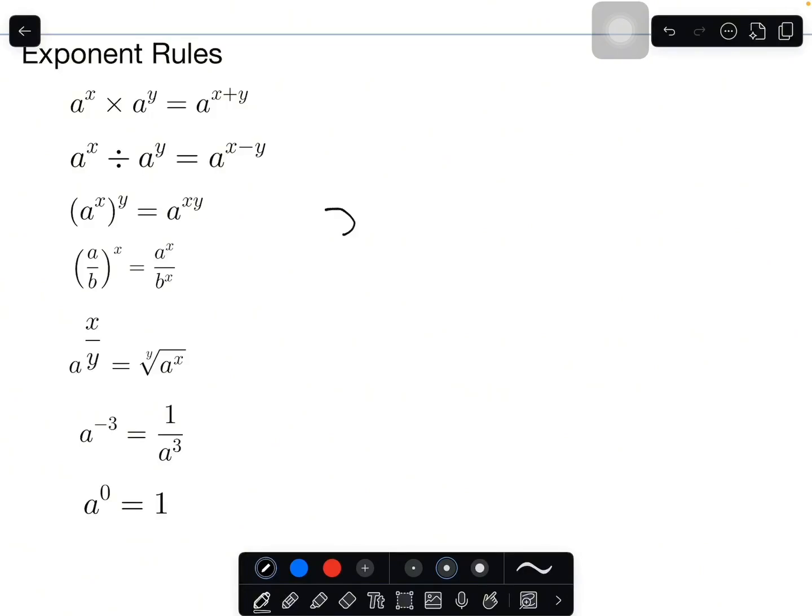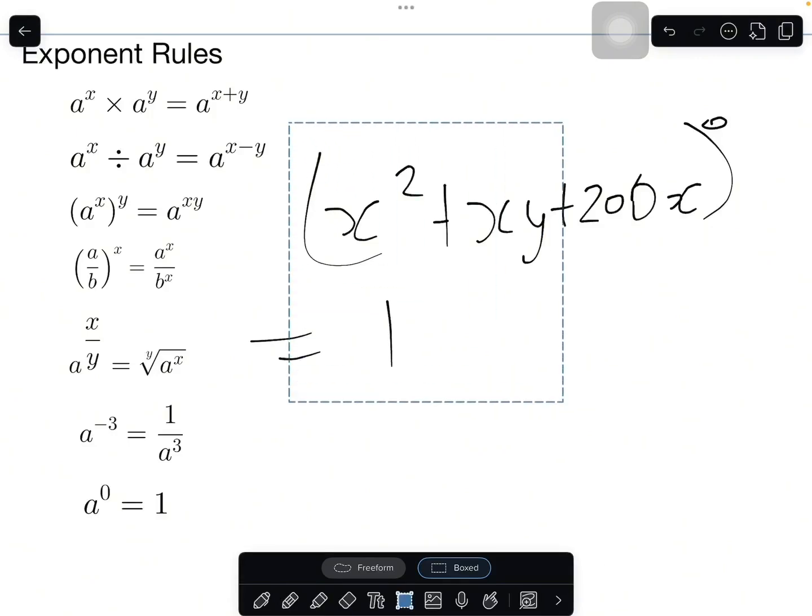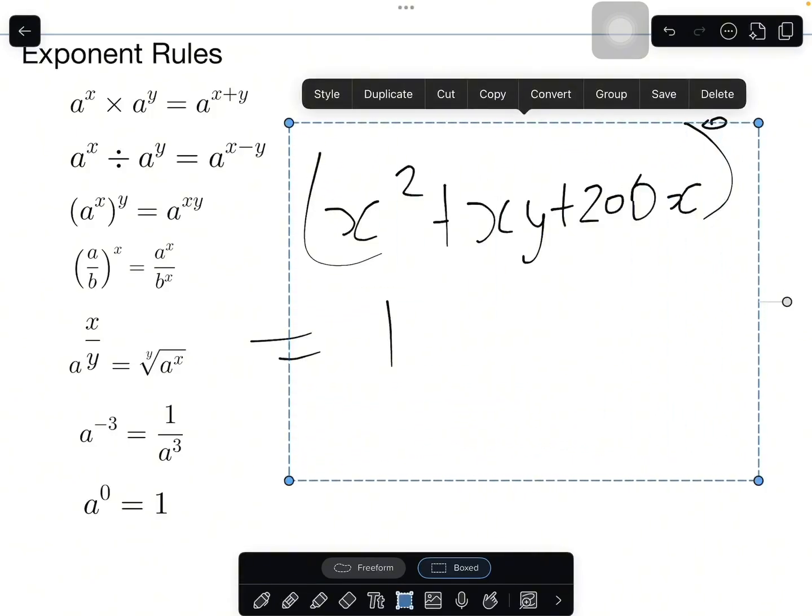So if I had a long term like this, x squared plus xy plus 2200, all to the power 0, it just equals 1. Anything to the power 0 is 1. And you don't have to show much working out for that. If you get a test or an exam, it is understood.